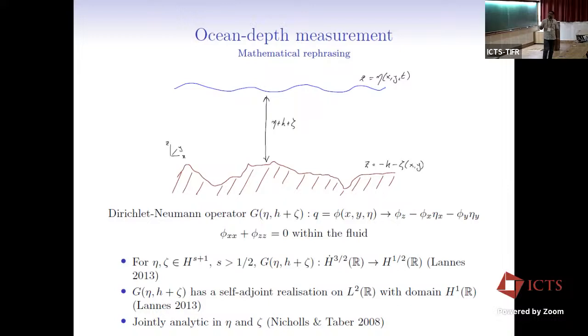You can think of G as having a Taylor expansion in terms of operators, and those operators are individually homogeneous of order P in eta and zeta. That's the Taylor expansion idea. So we know a lot about this. This is really useful stuff.